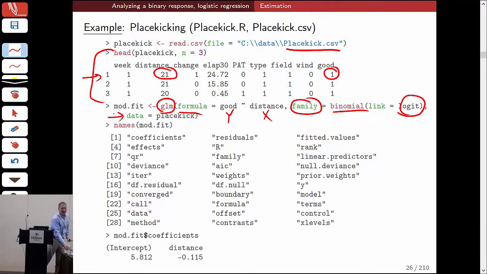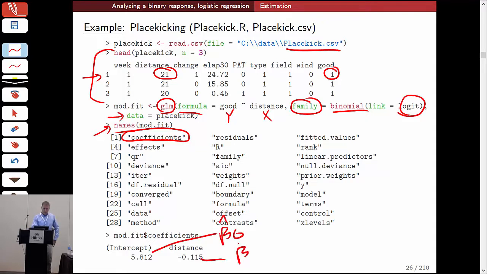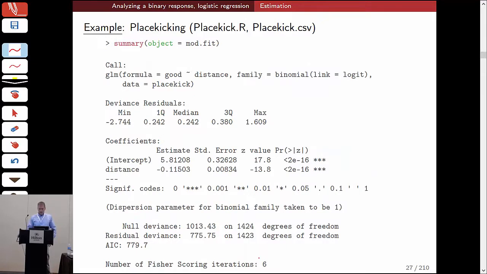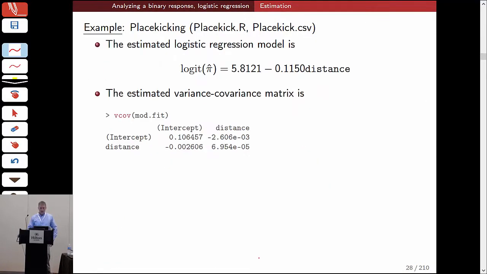Now, mod.fit has a lot of good information in it. And to see the information, I can use the names function in R. So, for example, there's one part right here called coefficients. And this gives me my beta hats. So, beta hat 0 and beta hat 1. And if I want to, I can write out the model then.